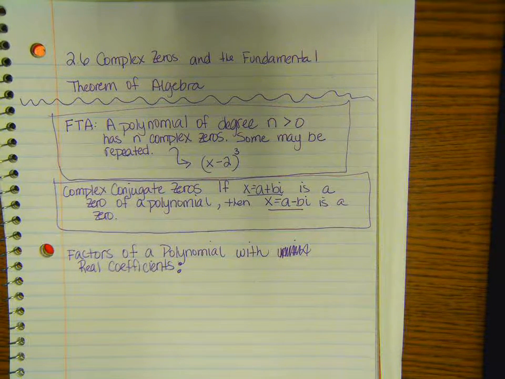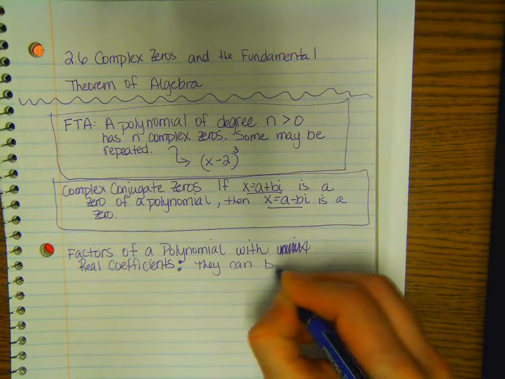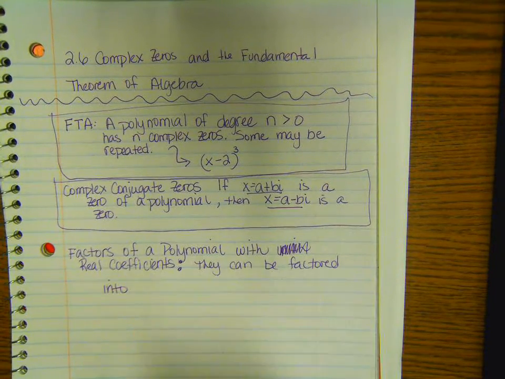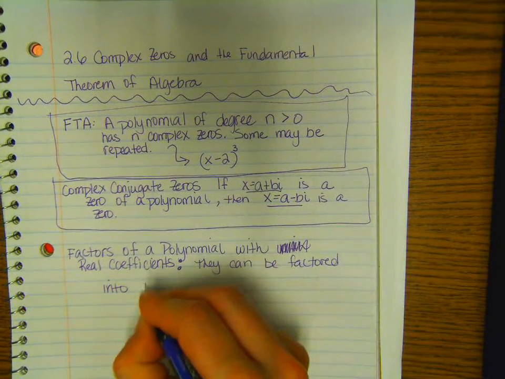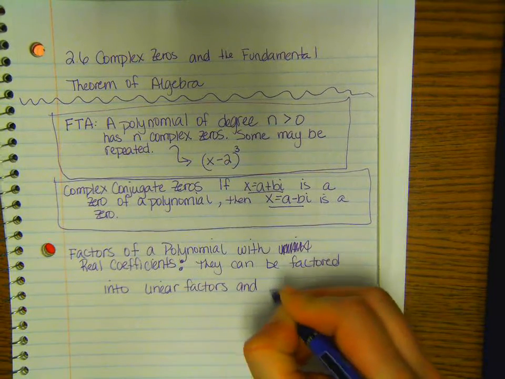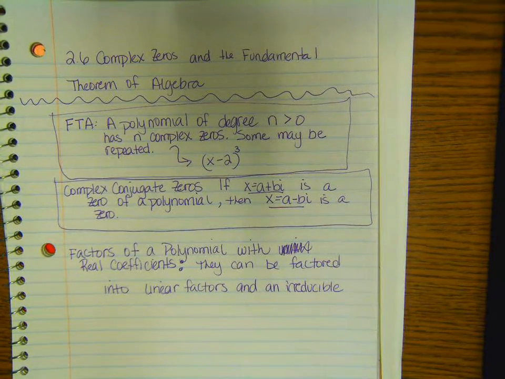Okay. What I want to write about this is that every single polynomial there exists, as long as it has real coefficients, meaning if I would write it out before I factored it, as long as the numbers are real, so they have no i's in them, what you're going to be able to do today is they can be factored into linear factors and an irreducible quadratic factor.